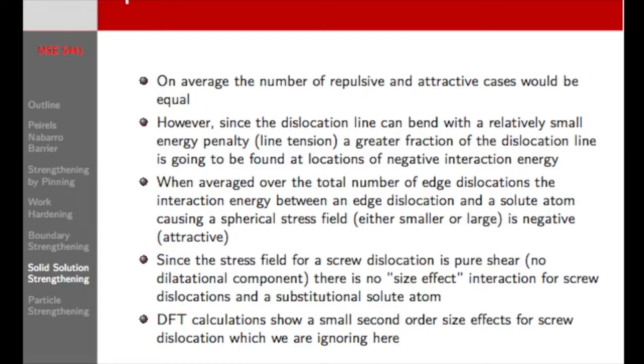Okay. Now, of course, there are some details we need to consider. This is for edge dislocations. The stress field around a screw dislocation is pure shear, so if your dislocation is pure screw, it doesn't care what the size of the defect is. But how often do we encounter pure perfect screw dislocations?